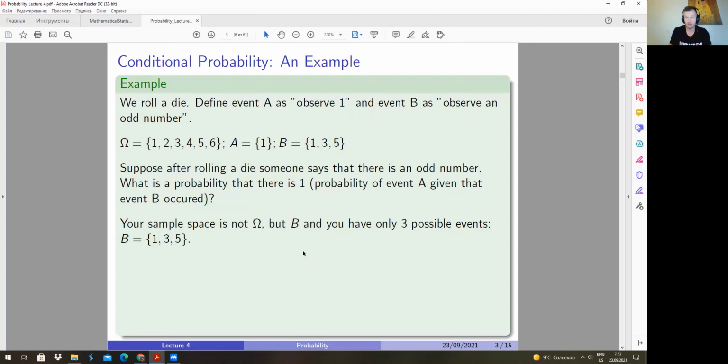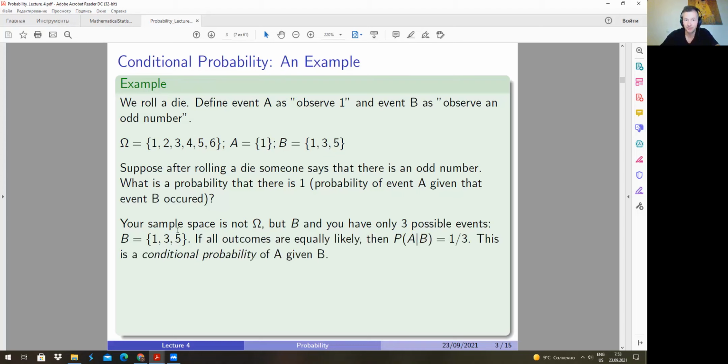And now it is simple to calculate the probability of A given B. It's 1/3, right? I divide one event by 3 events. If all outcomes are equally likely, then this conditional probability is 1/3.